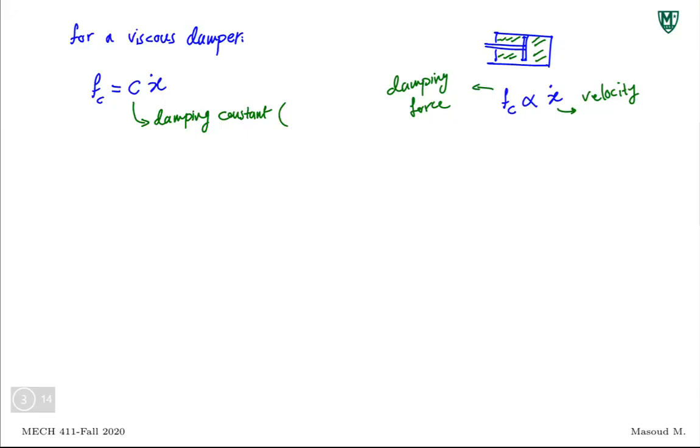Can you repeat the question, please, Professor? So the question is, what is the unit for damping constant? Knowing that F is force, obviously, and X dot is velocity.